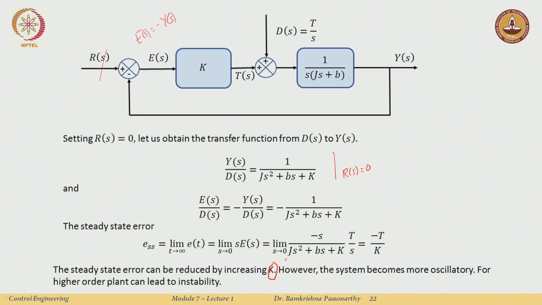The gain sits in my characteristic equation, so k has some direct relation to omega n, in s square plus 2 zeta omega n s plus omega n square, if I normalize it properly. So if k increases, the system becomes more and more oscillatory, and for higher order plants, as we saw earlier, it can also go to the verge of instability.